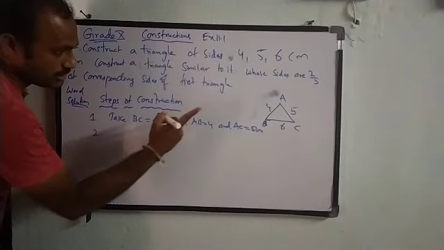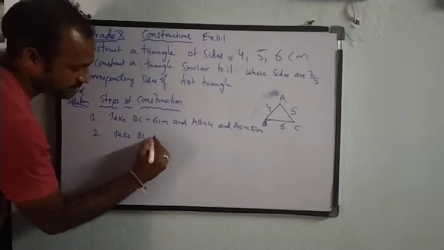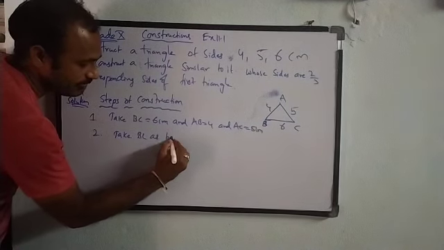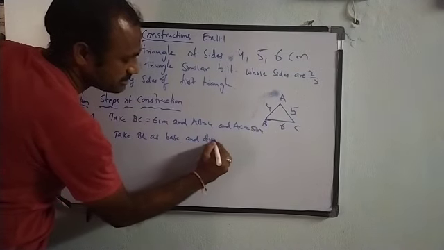So we know how to draw the triangle. Take BC as base and draw 6 centimeters.